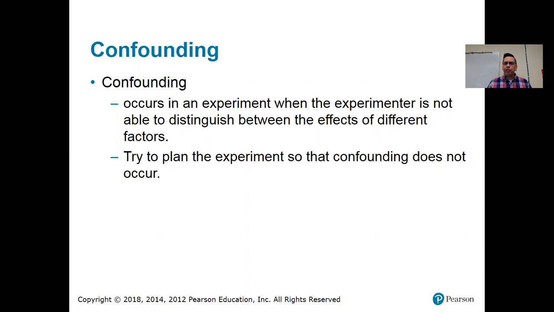You have to make sure when you're designing an experiment that there's not too many different factors that could affect things. So, you may decide, I can't think of a really good example off the top of my head, but students who study more did better on the exam.